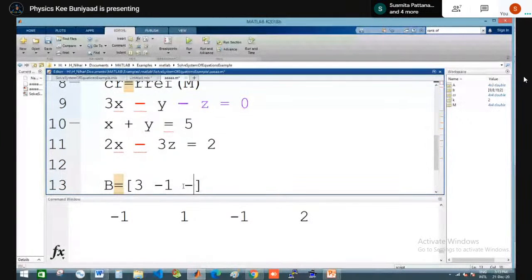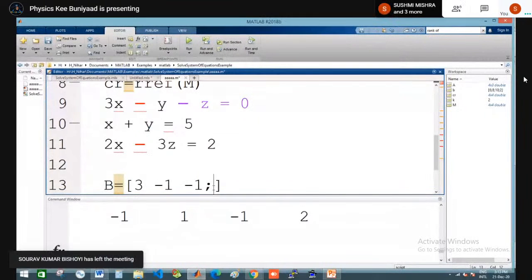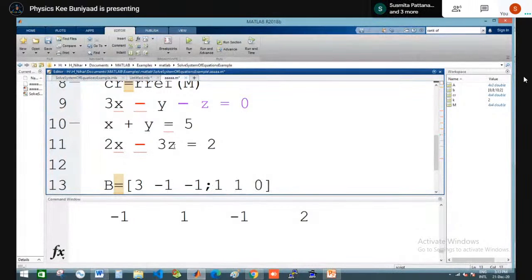And again the coefficients of the second equation, I will put in the second row, just by putting the semicolon. So the second row contains the coefficients 1, 1 and 0, because there is no term like z in the second equation. So the coefficient of z we can take as 0.